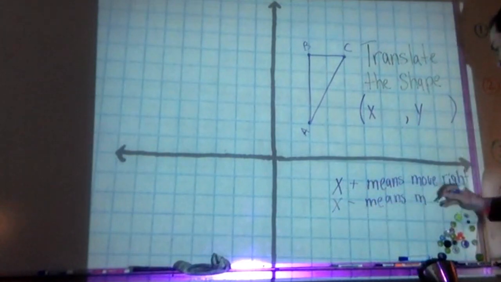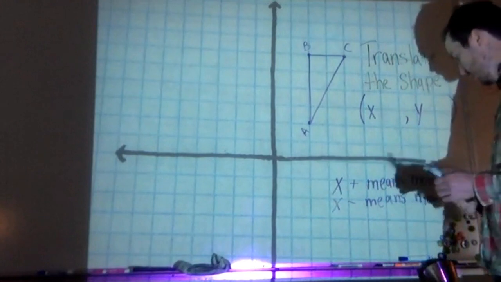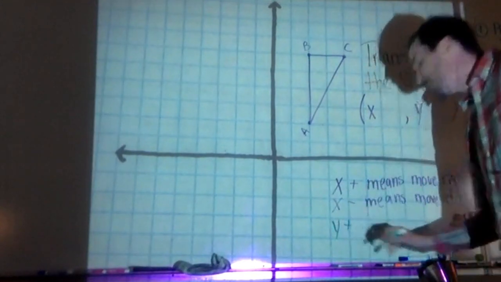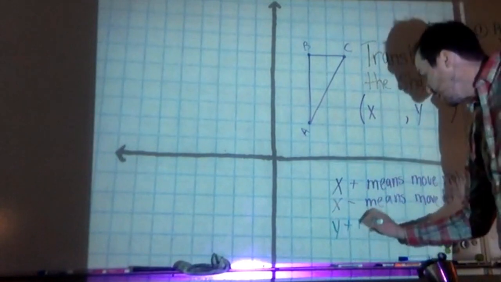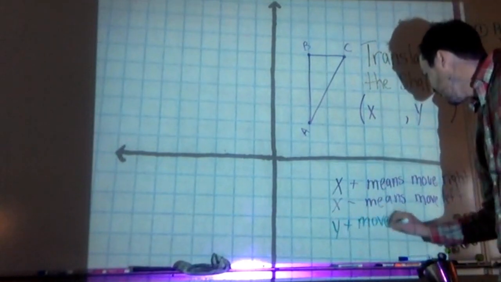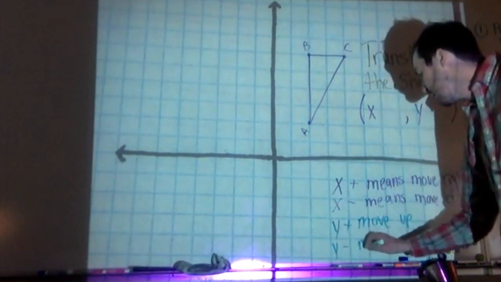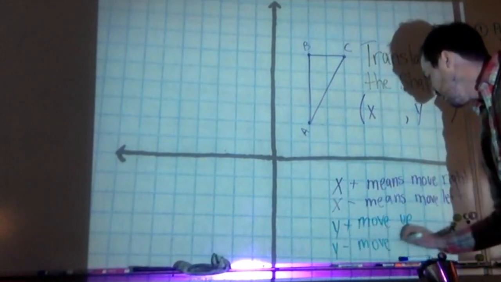X minus means move left. And then our y's: y plus is going to mean move up, and y minus is going to be move down.